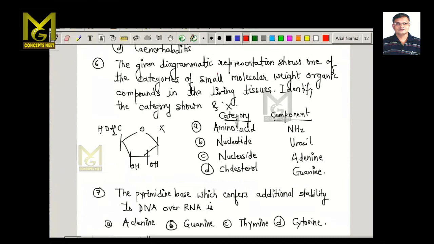The given diagrammatic representation shows one of the categories of small molecular weight organic compounds in the living tissues. Identify the category. So we have to identify this molecule and what is this component X. If we look at this, we come to know that this is a pentose sugar, and to this pentose sugar, what is added has to be a nitrogenous base.